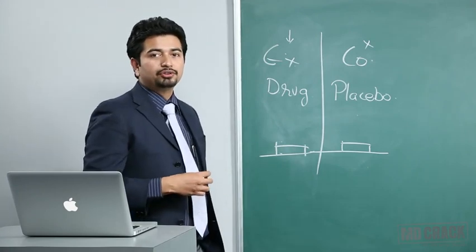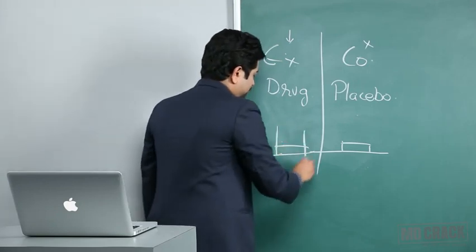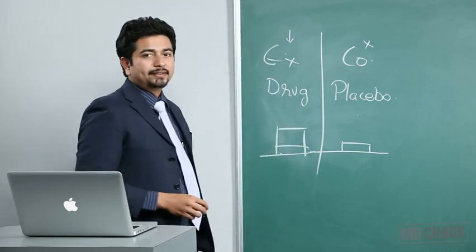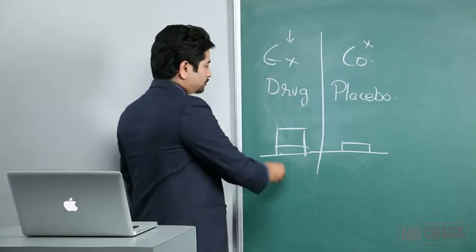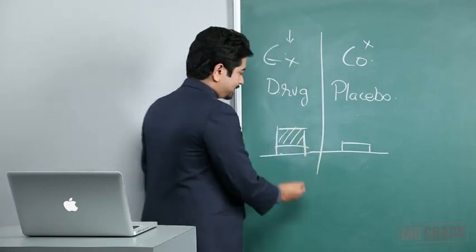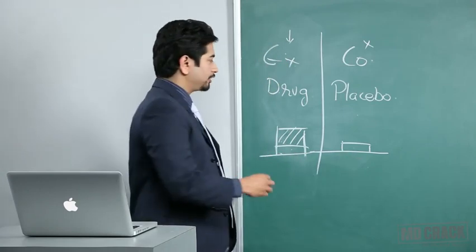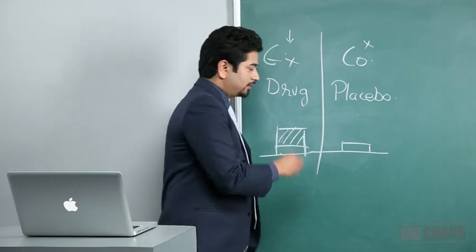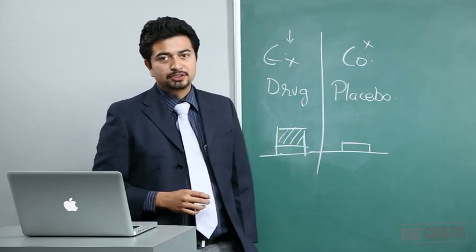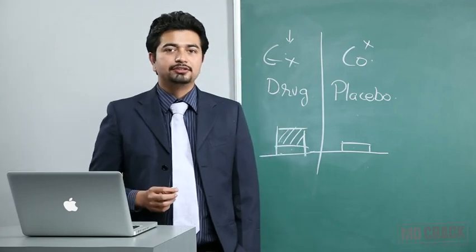If I want now to conclude that the drug is working, the effect on the experimental side of the chart should be over and above the effect of the placebo. This is the placebo effect, okay, equal on both the sides. The effect on the experimental side should exceed the placebo effect much more, then I can say that okay, the drug is working, it is functional.